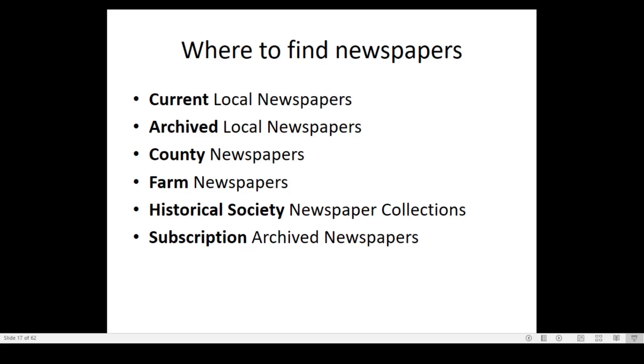If they were a farmer, most likely they didn't subscribe to the Milwaukee Journal-Sentinel. Most likely they would have subscribed to a county paper or a farm paper, because that contained information that was of interest to them. Historical Society newspaper collections are great, and we'll look at some of those. And then there are the subscription archive newspapers. Those are commercial, you pay a fee, and generally they're quite well done and they're worth it. We'll talk about those.